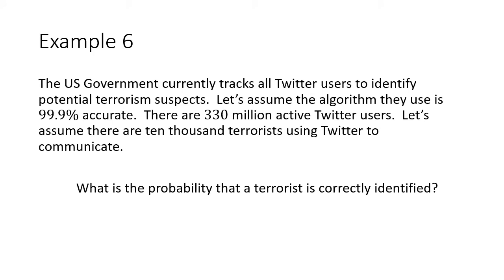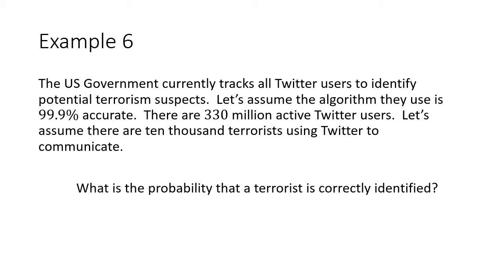All right, on to example 6. And this is maybe one of the trickier and a little bit more complicated problems. But I think this is a really important example worth discussing. So the U.S. government currently tracks all Twitter users to identify potential terrorism suspects. That part is absolutely true.